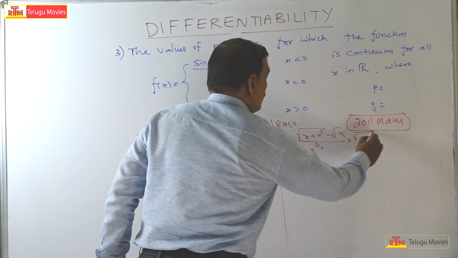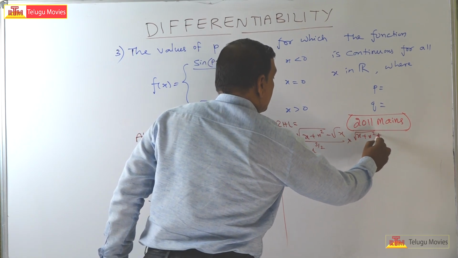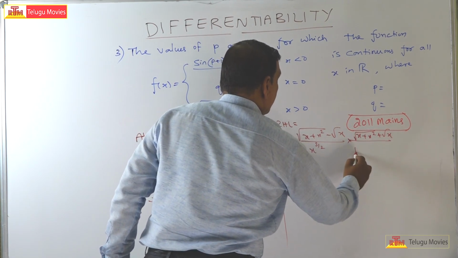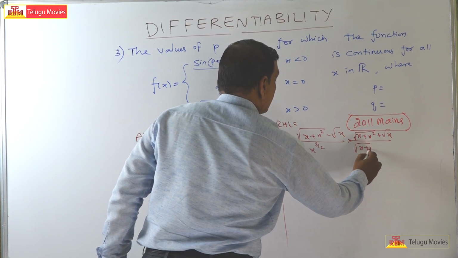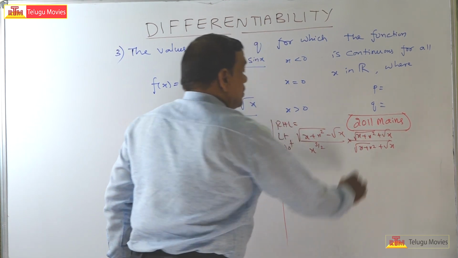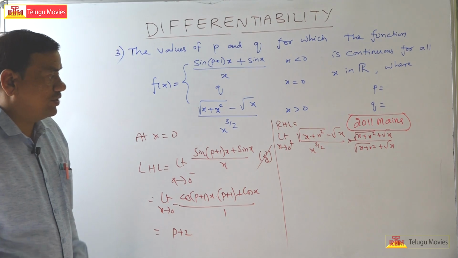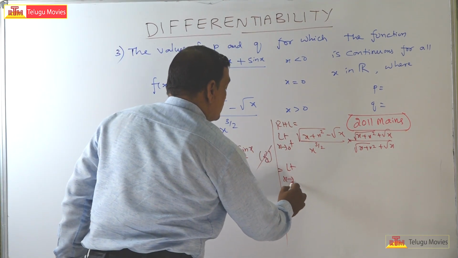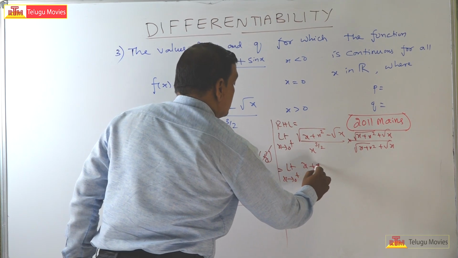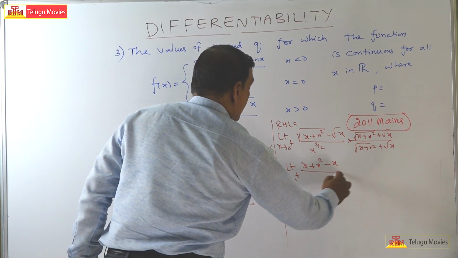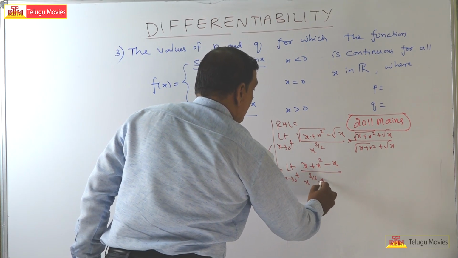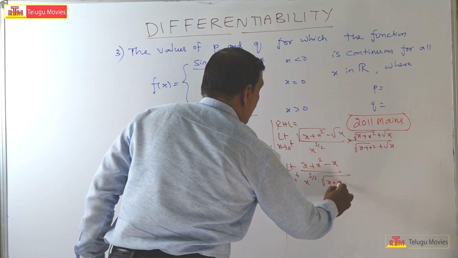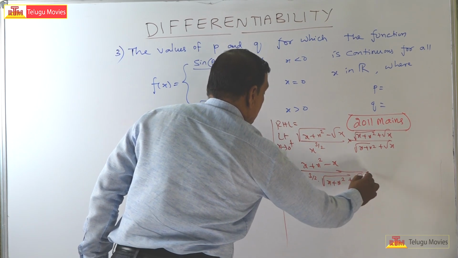Before going that way, multiply the numerator and the denominator with root of (x plus x square) plus root x. So, in the numerator you will get, limit x tends to 0 plus, x square upon x power 3 by 2 into root of (x plus x square) plus root x.